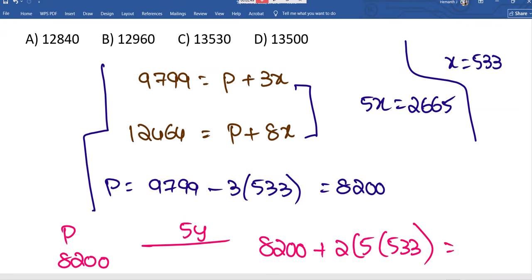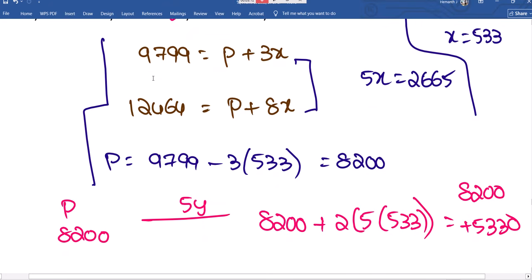When the rate of interest doubles, the interest will double. Why 5? Because of 5 years. I don't calculate the rate of interest; calculating, then doubling, and then calculating again is a waste of time. So 8,200 plus 5,330 gives the option 13,530.